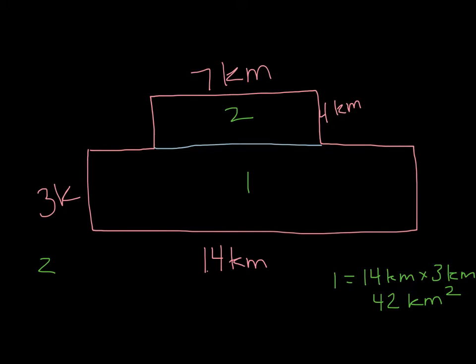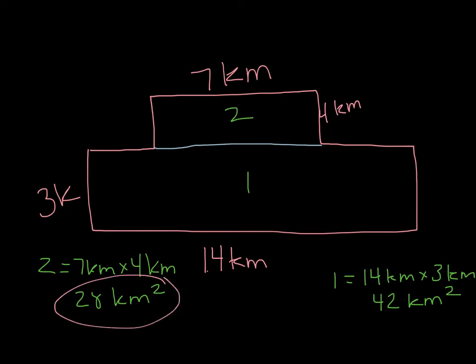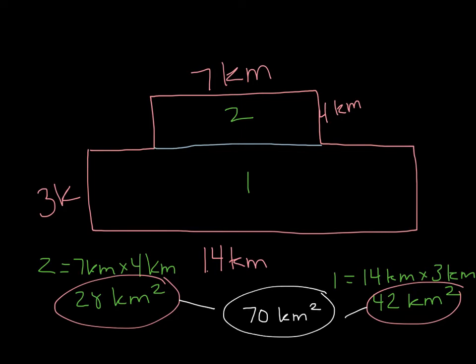So 7 kilometers, 7 kilometers. 7 kilometers times 4 kilometers is 28 kilometers squared. Now when I add these two numbers together, because remember we're trying to find the area of the entire shape, when added together those equal 70 kilometers squared. And that is your answer.